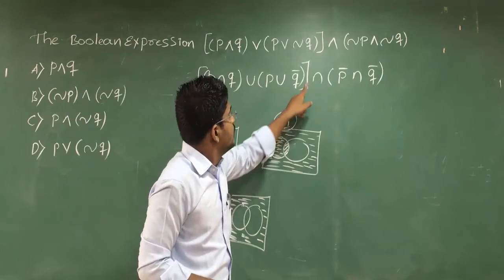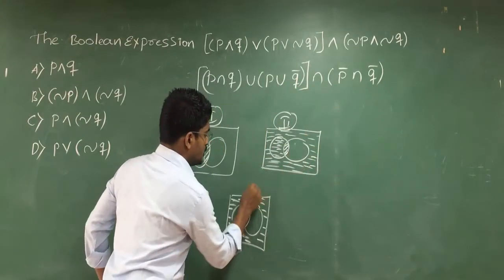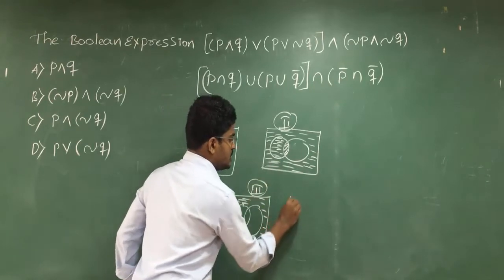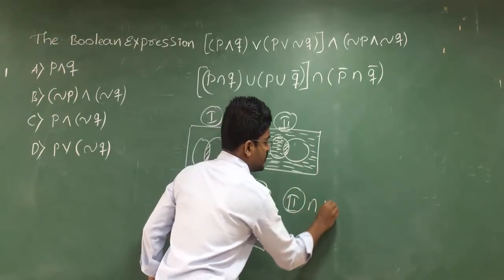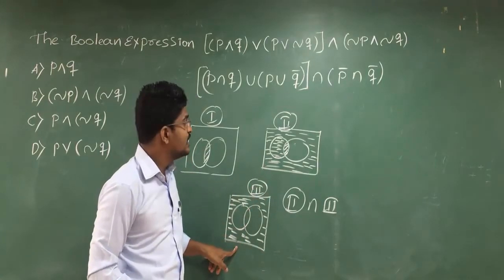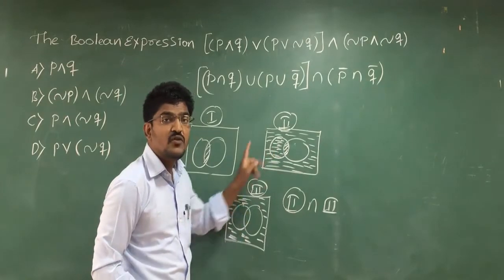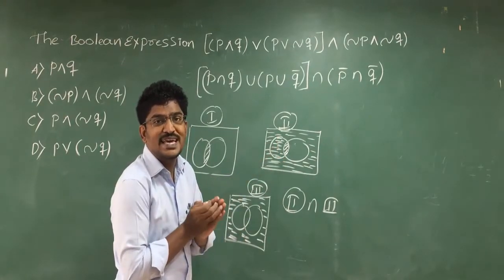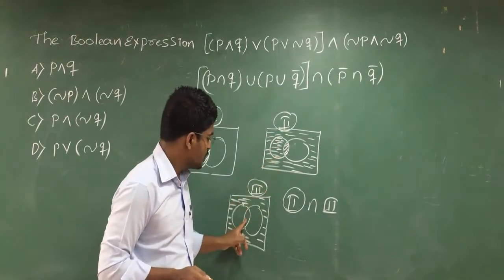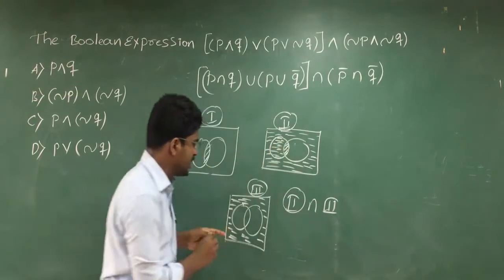Next, intersection with this term. That means this is third one. 2 intersection with 3. That means if I make intersection of these two, the common region has to be calculated. So common region is what? I have to remove all this space, that will be equal to 3.